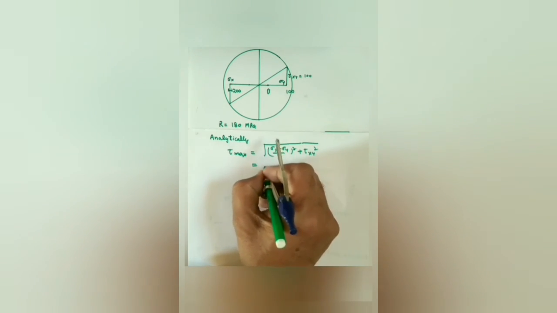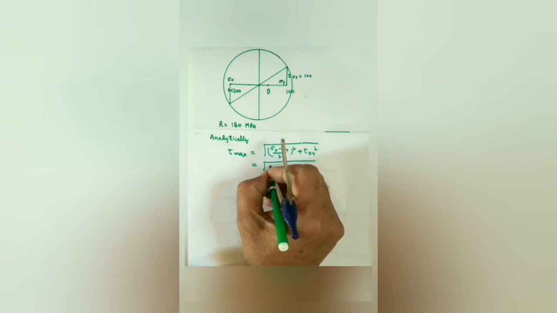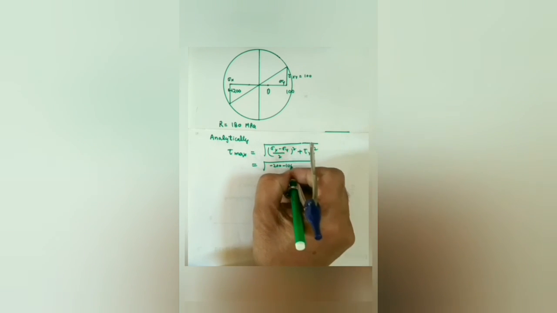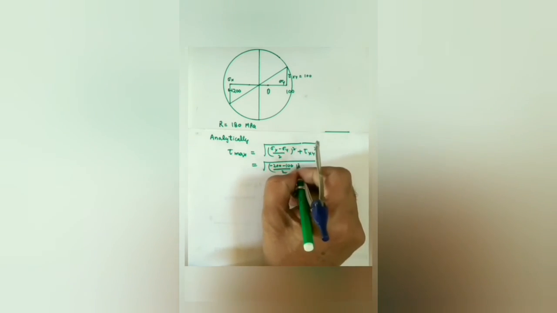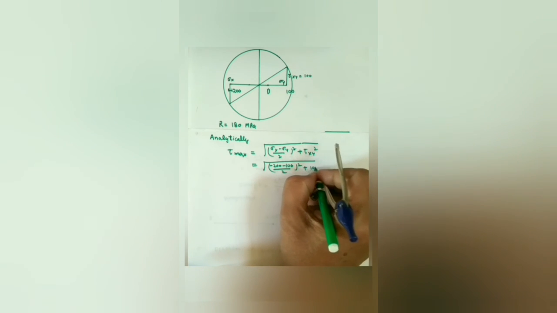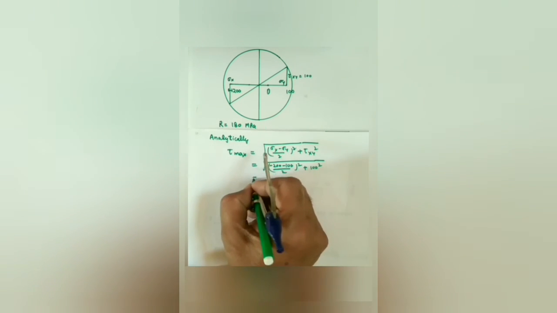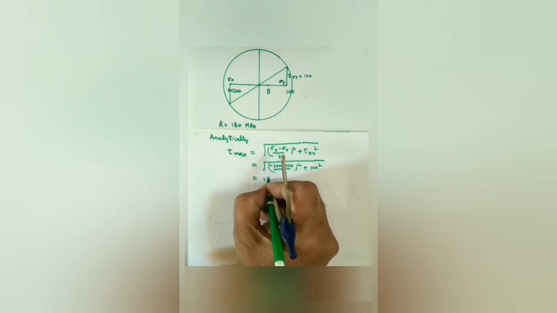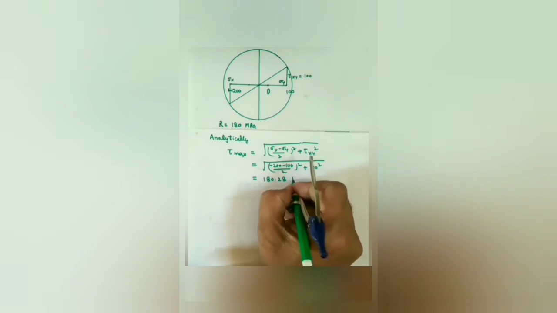So putting values, we have ((minus 200 minus 100) by 2) whole squared plus 100 squared. Solving this, it gives a value of 180.28 MPa.